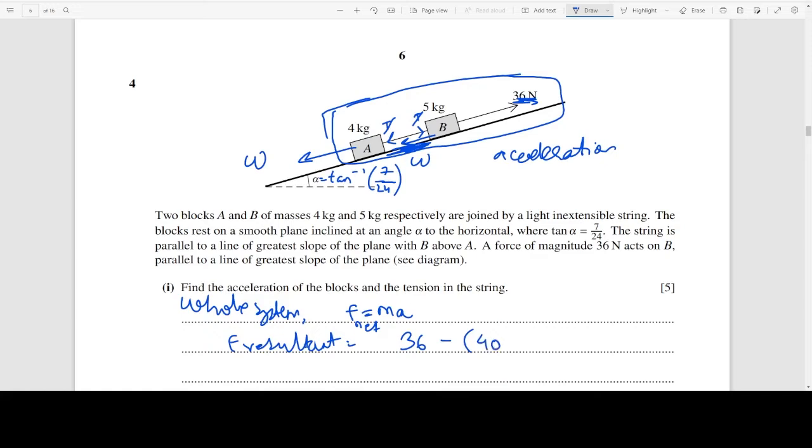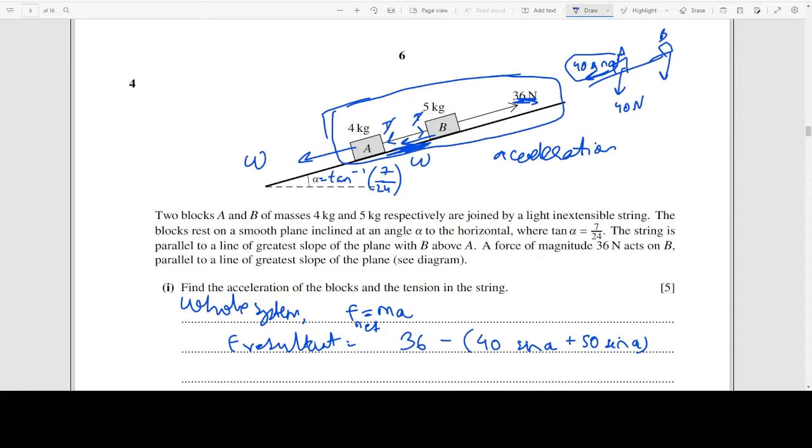So it's going to be 40 sine alpha plus 50 sine alpha. I hope you guys get how, because we have this block A, 40 Newton force exactly downwards, so this component is going to be 40 sine alpha. Similarly we do this with block B, which is 50 Newton, so this is going to be 50 sine alpha.